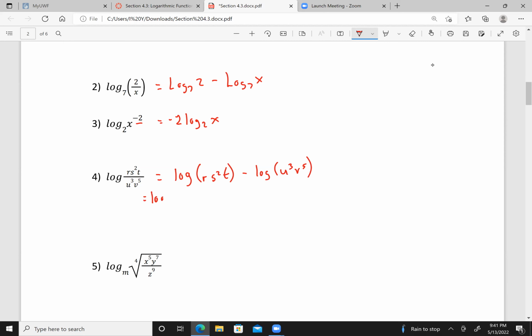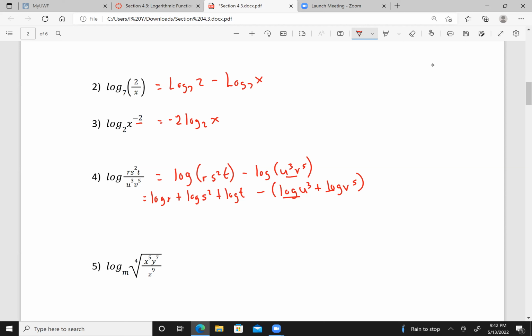So this is the log of r plus the log of s squared plus the log of t minus the log of u cubed plus the log of v to the 5th, because this is multiplication. The thing is, remember, you're subtracting the whole thing at the end.